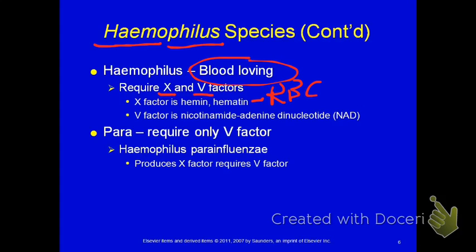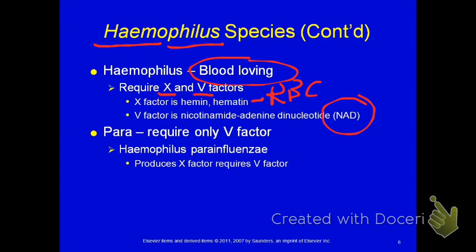While on the other hand, V factor is a coenzyme known as the nicotinamide adenine dinucleotide or the NAD. So other organisms may supply V factor, such as S. aureus, one of the most commonly known organisms that would supply the V factor.